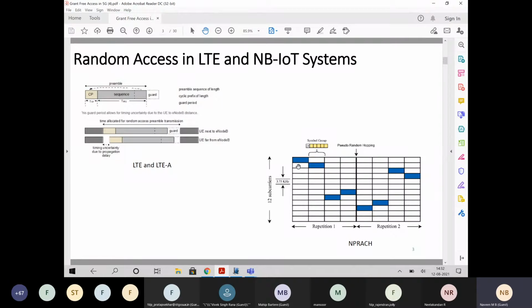For example, blue is a UE here. This UE started with the first subcarrier, but NB-IoT supports frequency hopping. So after some time it jumps to the second subcarrier, then to some eighth or ninth subcarrier, and so on. This hopping pattern is defined in the standard. All you need to know is that LTE uses all the subcarriers for sending the random access sequence, whereas NB-IoT uses only one subcarrier at a given point in time.